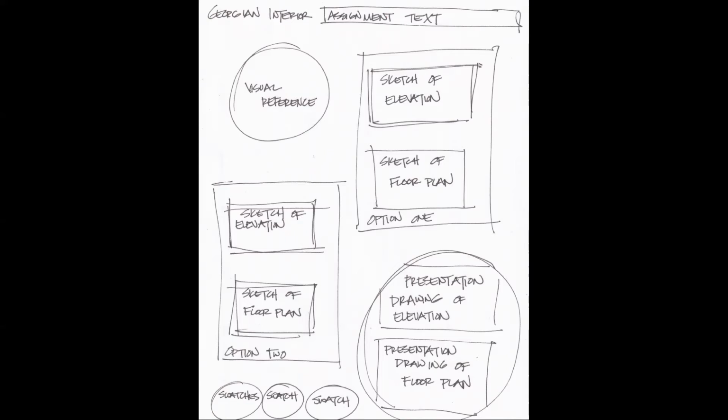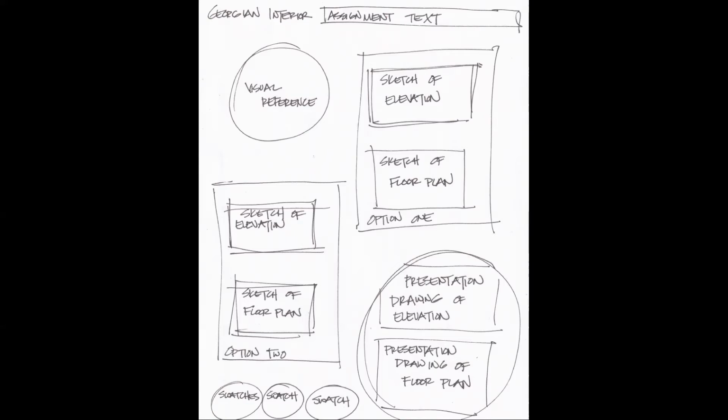And so once again here, I need my visual reference. I know I've got two options that I created for this Georgian interior, that for each of those options, I've got a sketch of an elevation and the floor plan that I need to think about and keep close to each other on the page. And then I also, of course, have these really beautiful presentation drawings that I want to present big and I want to draw my viewer's eye to in some unique way.